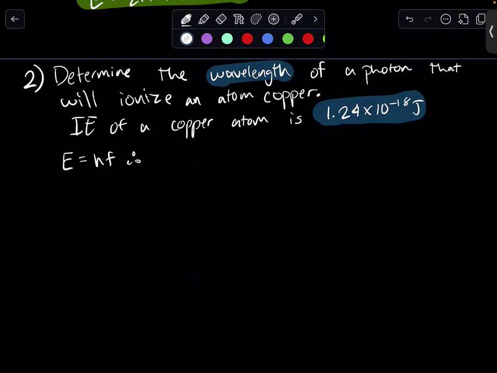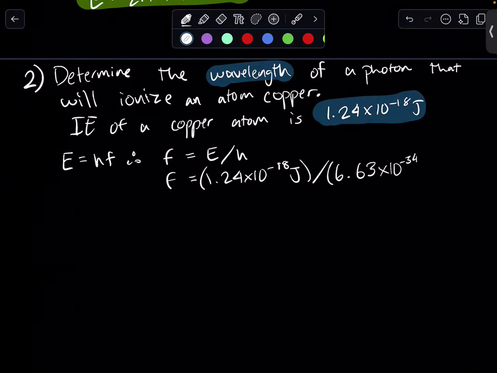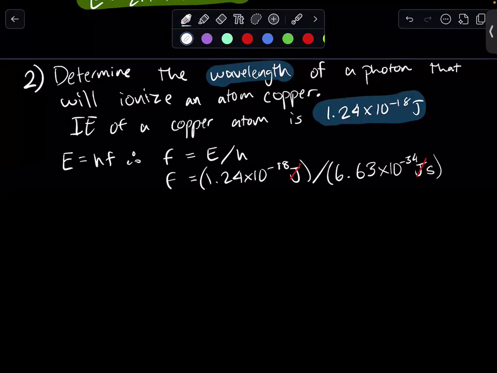Because I'm looking for frequency, I will rearrange it so that frequency is equal to energy divided by h. Frequency is equal to 1.24 times 10 to the minus 18th joules, divided by 6.63 times 10 to the minus 34th joule seconds. My joules will cancel out and I will be left with inverse seconds. Therefore, my frequency is 1.87 times 10 to the 15th seconds inverse.